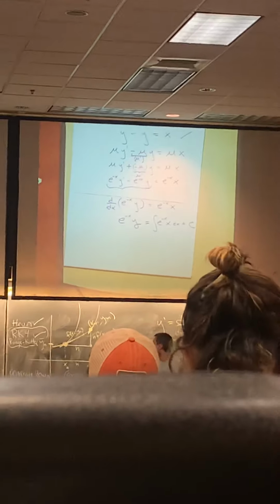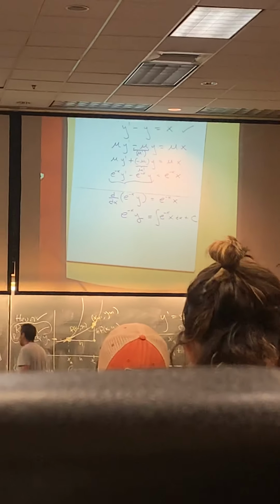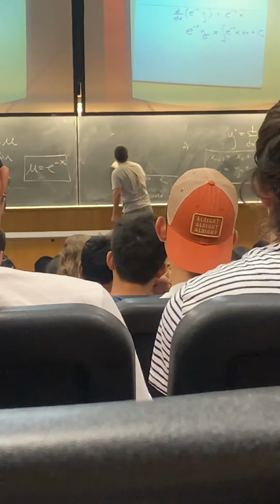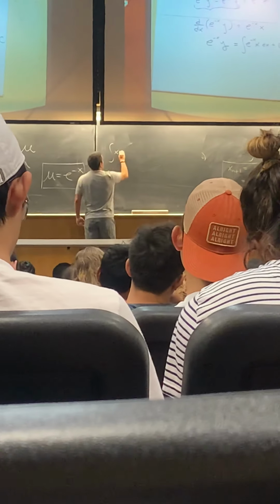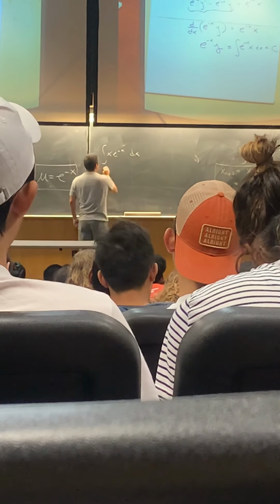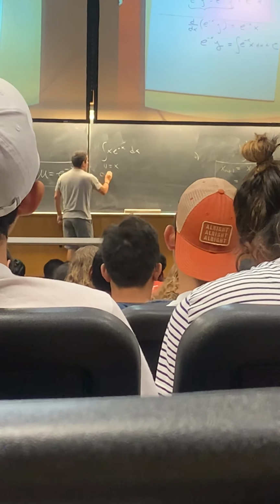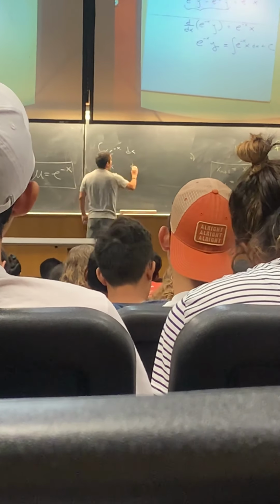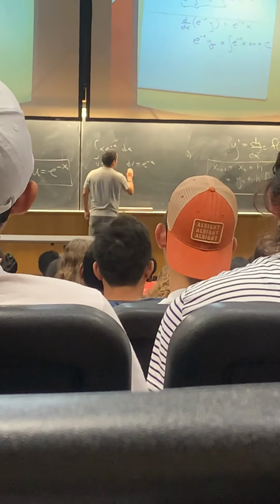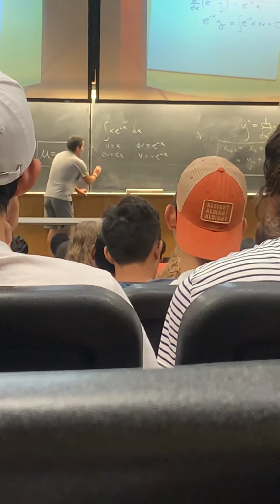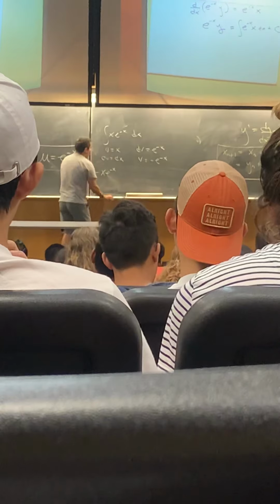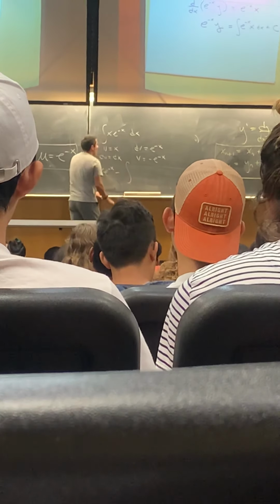What method of integration? By parts. So I'll try to do that super fast. If I make a mistake, you'll correct me. It's x e to the minus x dx, u is x, du is dx, dv is e to the minus x, v is minus e to the minus x, uv minus the integral of v du.